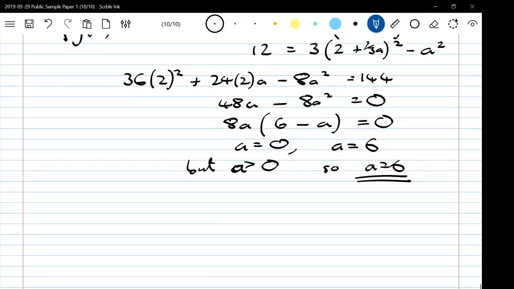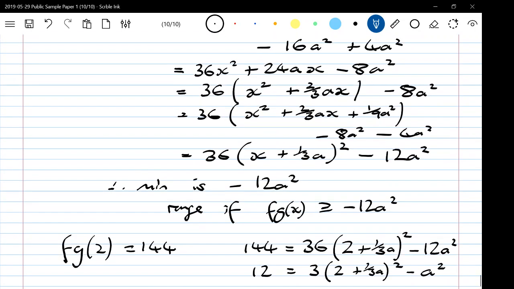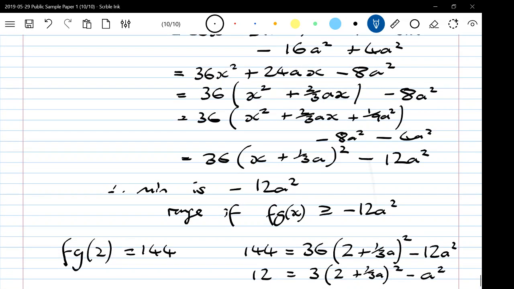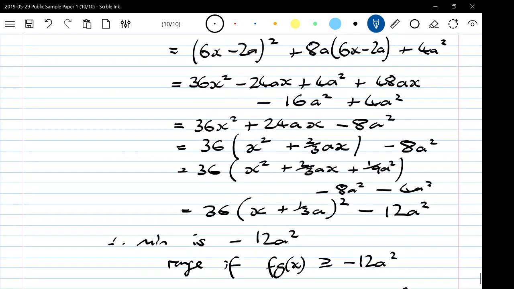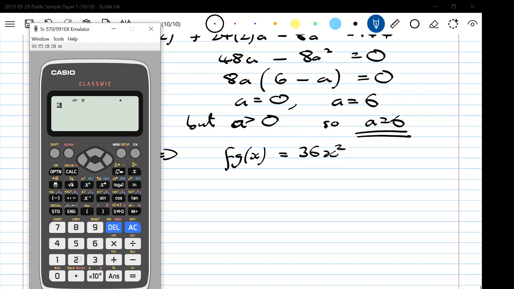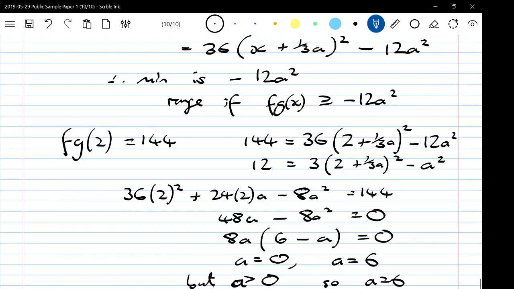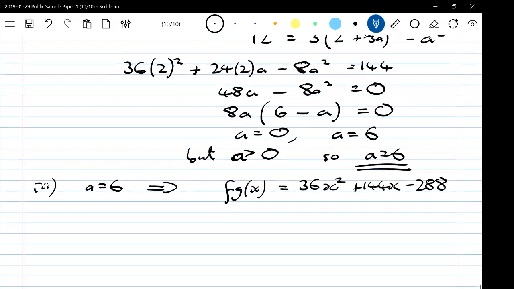So if a equals 6, that tells us that f of g of x is 36x squared, we've then got 24 times 6, so plus 144x, minus 8 times 36, so minus 288.